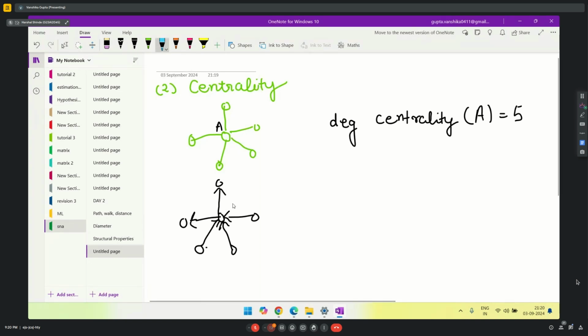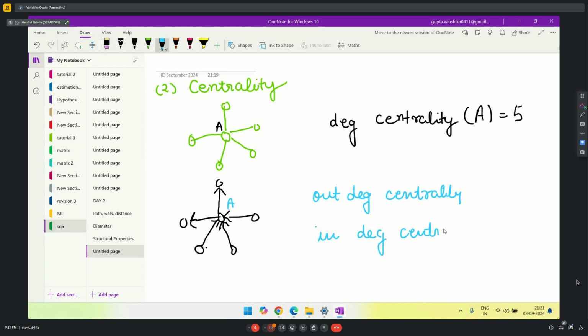Let's say I want to define it for A. There will be two degree centralities: one will be outward degree centrality and one will be inward degree centrality. For A, the outward degree centrality is 2, and the inward is 3.